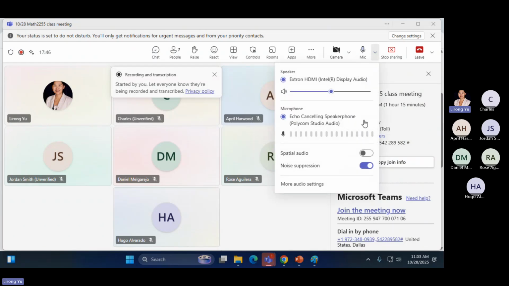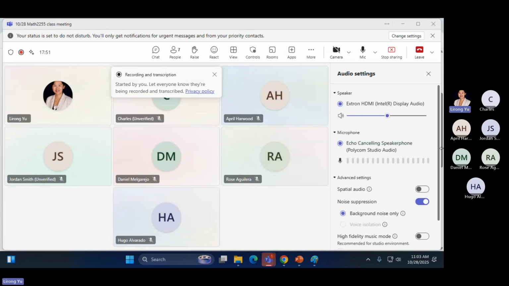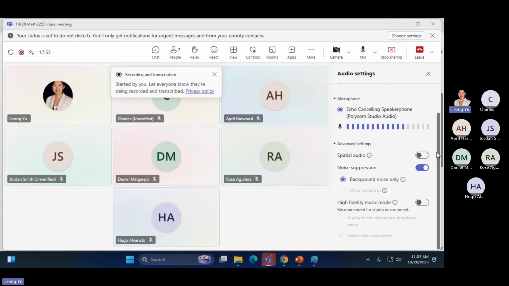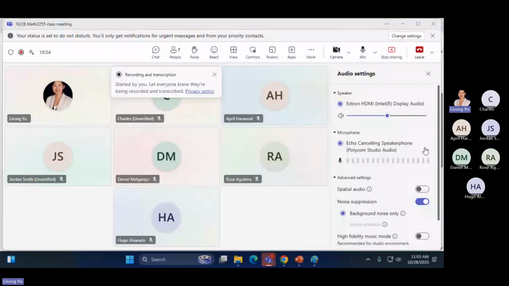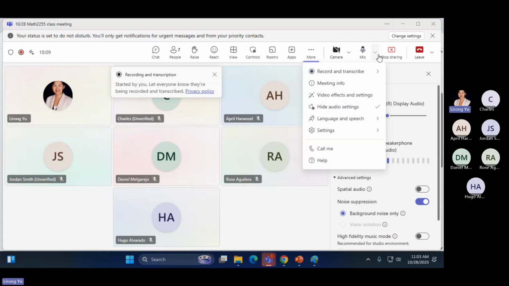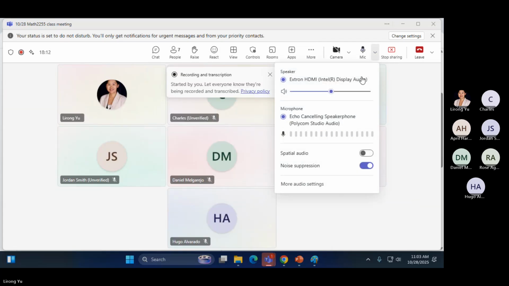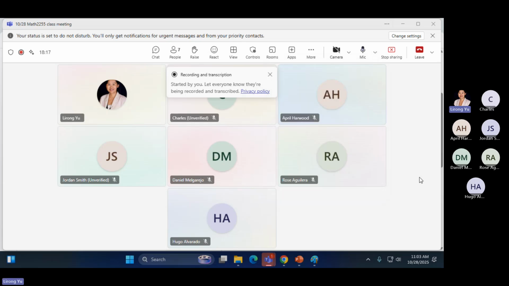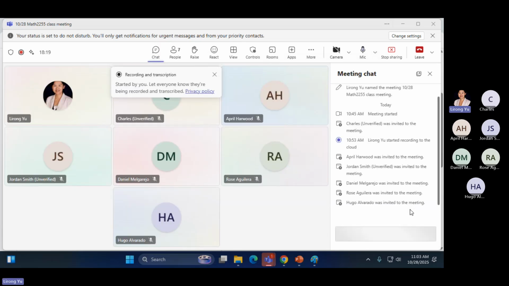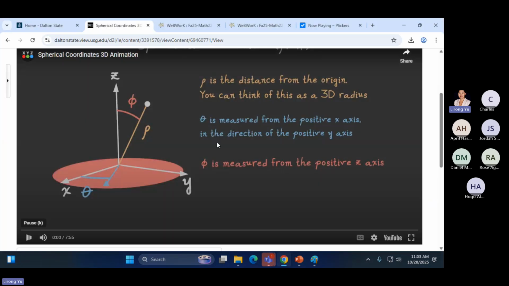So I'm not sure if I show the recording, whether what's in the computer will be heard online. Sometimes students complain that when they attend online, the computer voice is not audible.